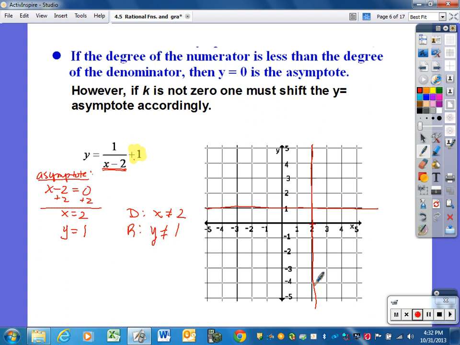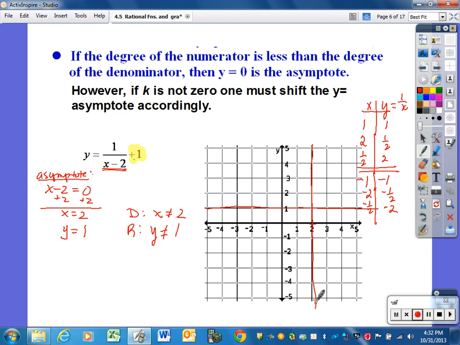So now I'm going to plot off of my new xy axis my same parent function values. Y equals 1 over x. 1, 1, 2, 1/2, 1/2, 2. And the negatives. Negative 1, negative 1, negative 2, negative 1/2, negative 1/2, negative 2.